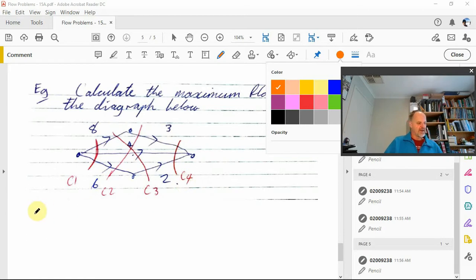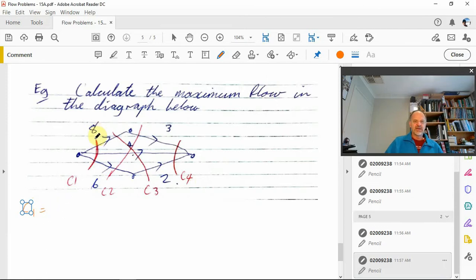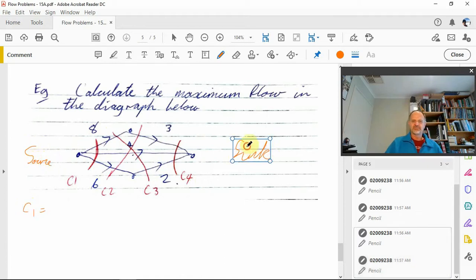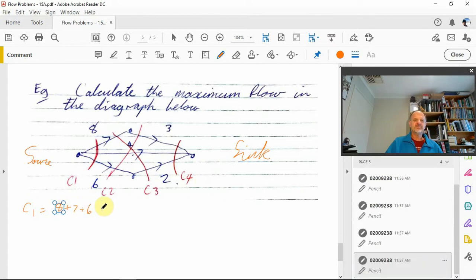So let's have a look at our capacities. C1 cuts through that line, and that line, and they're all going from source to sink, so we include them all. So we've got 8 across there, 7 across there, 6 there. And I believe that would be, oops, 8 plus 7. Where did I get the 7? I'm looking at that.